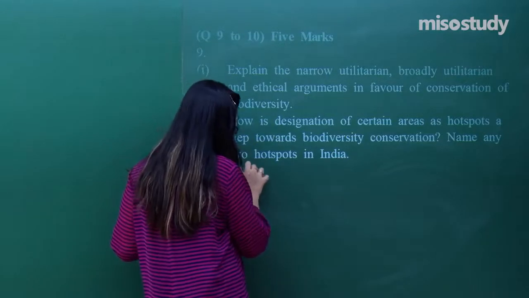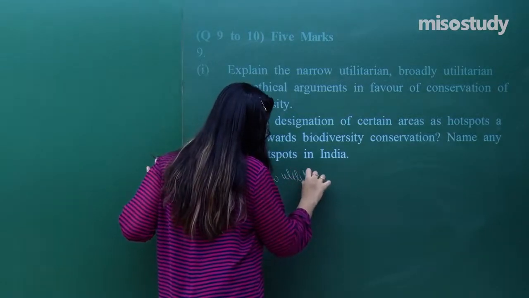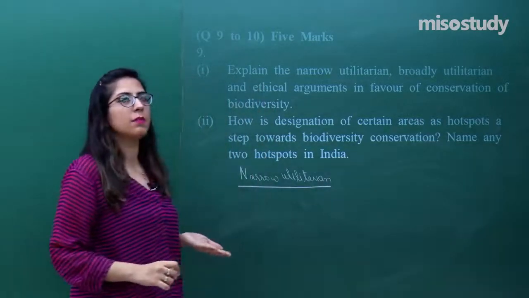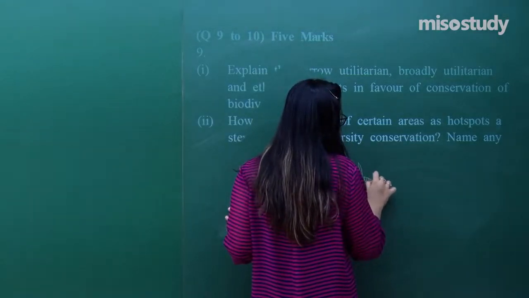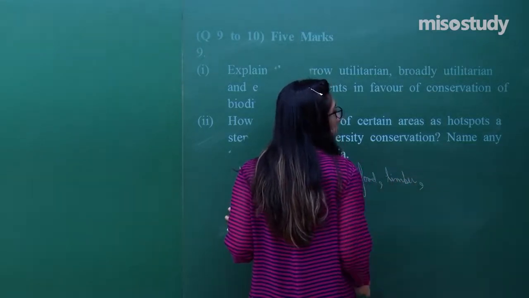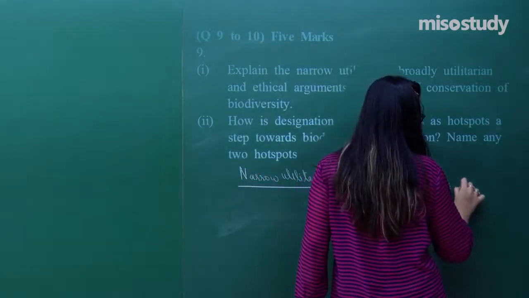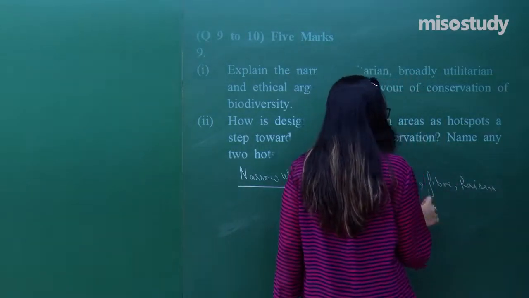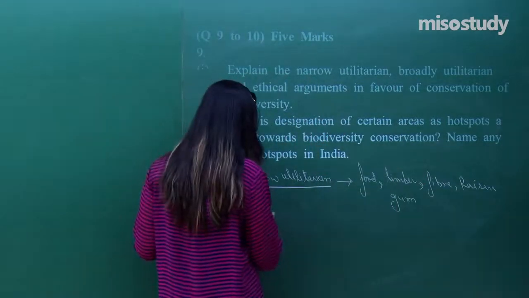Narrow utilitarian means we are depending upon plants and animals for different products, and those products can be in the form of food, timber, glue, fiber, resin, gum, etc.